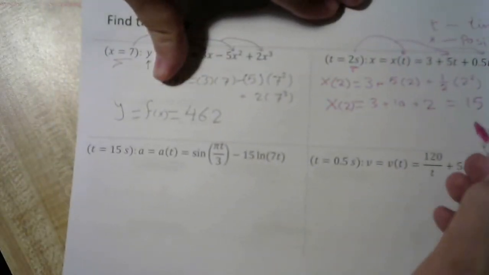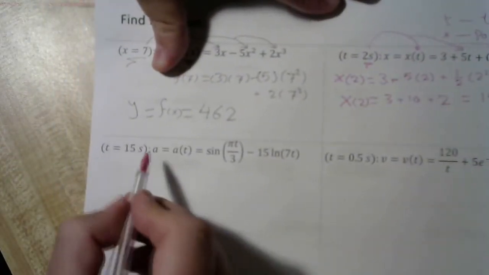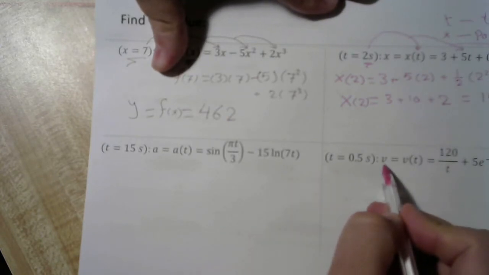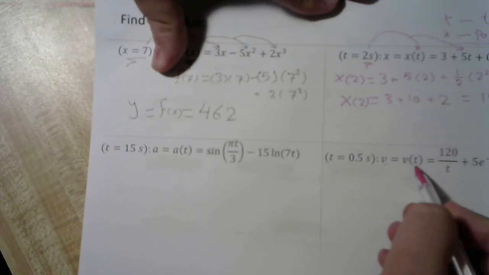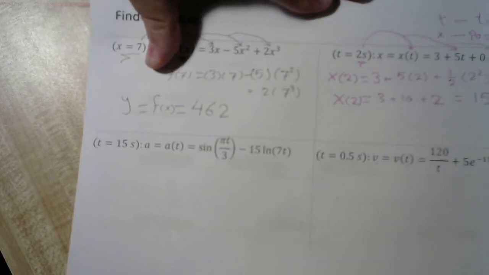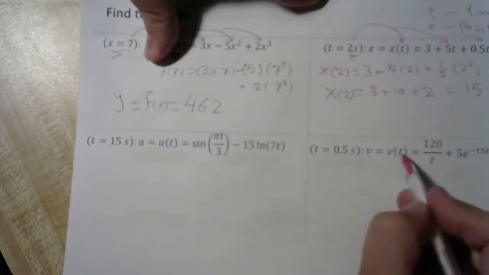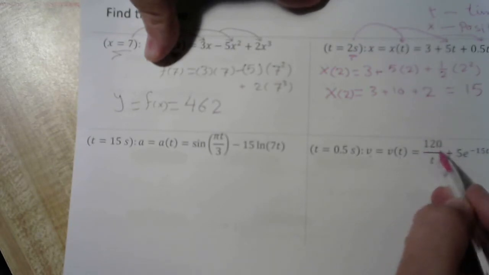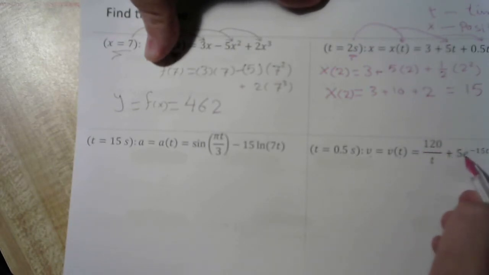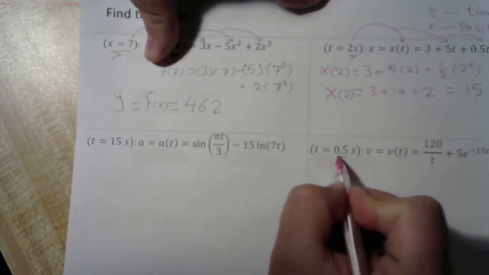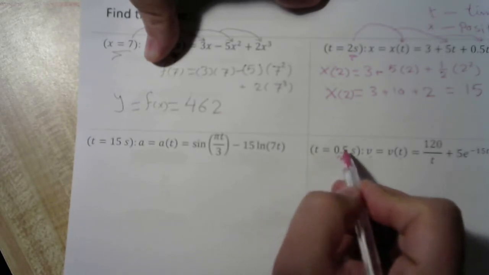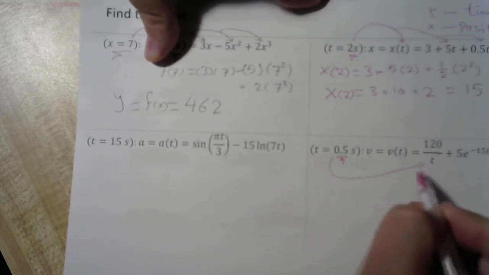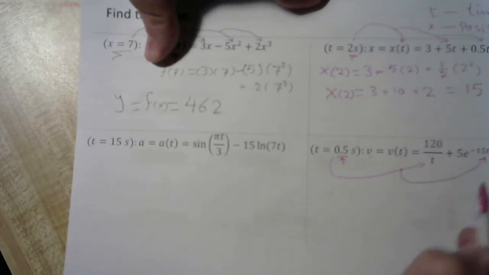I can apply that for the velocity. I can use velocity as a function of time, and I can use any function that I need. Look at this, 120 over t plus 5 exponential minus 15t, and I need the time at t equal half. Just I need to put half in t.